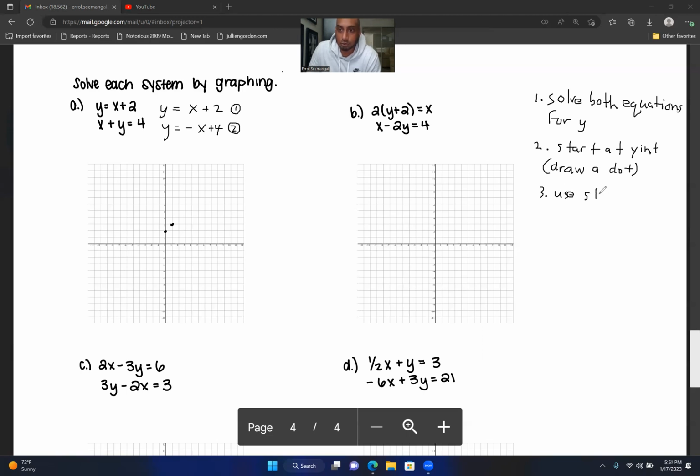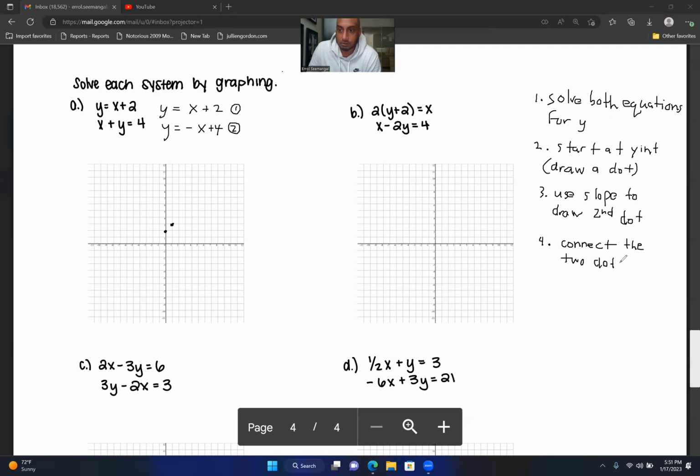Use slope to draw the second dot. Just write these steps in words that you understand. Simple words that you understand. And then step four, connect the dots. Connect the two dots.